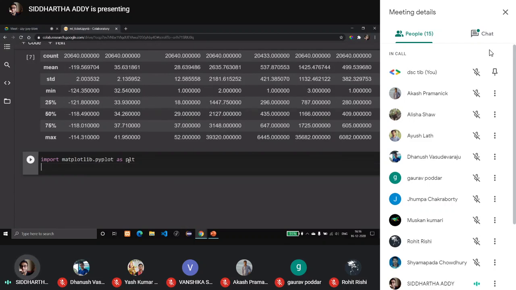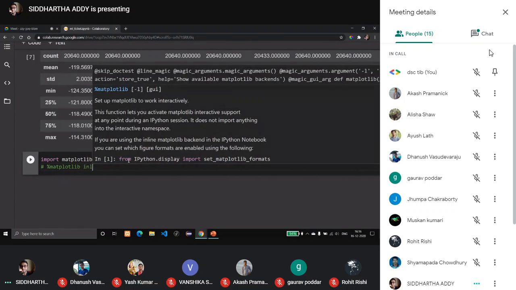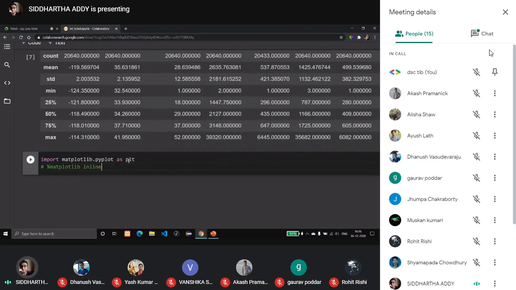Okay, import matplotlib as plt. Matplotlib is a library of Python, as I said. It is used for plotting graphs and all. We'll be using this. Some of you may start coding in Jupyter Notebook. For only those people, I am writing this line. I have commented this line. Matplotlib won't work in Jupyter Notebook unless you write this particular line.